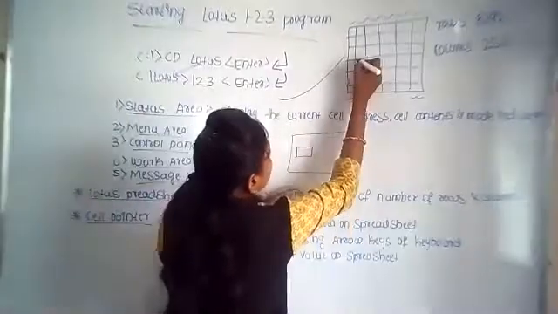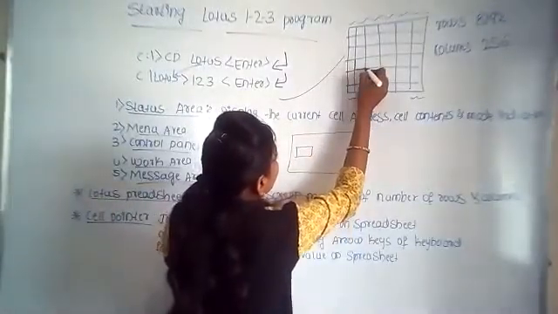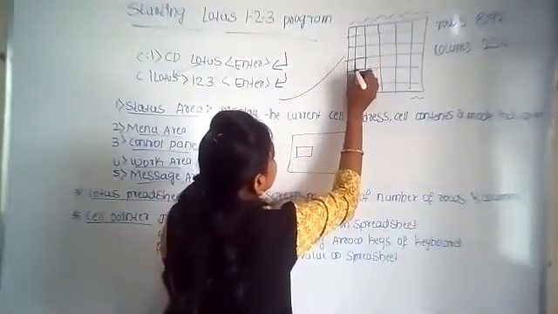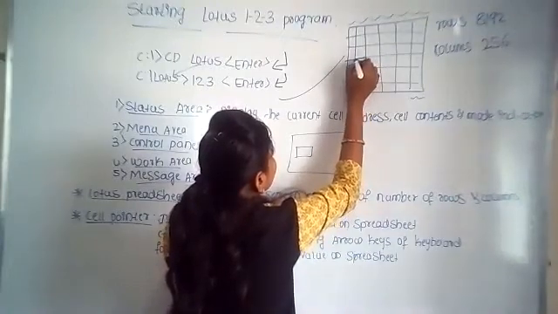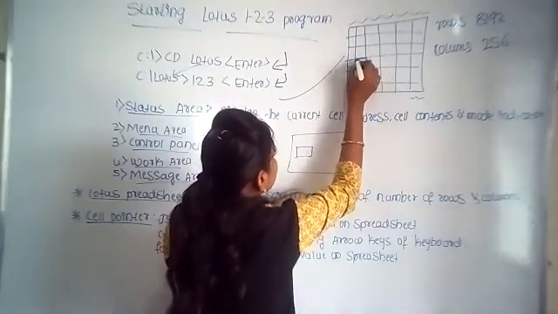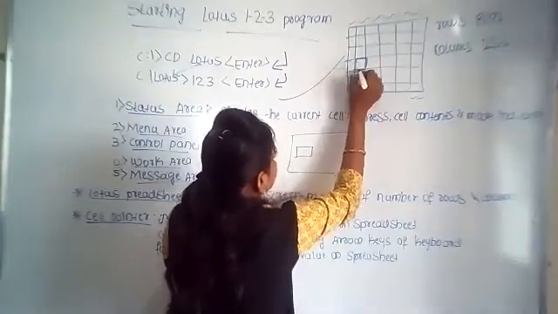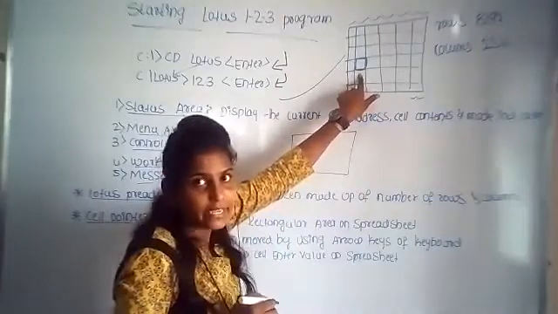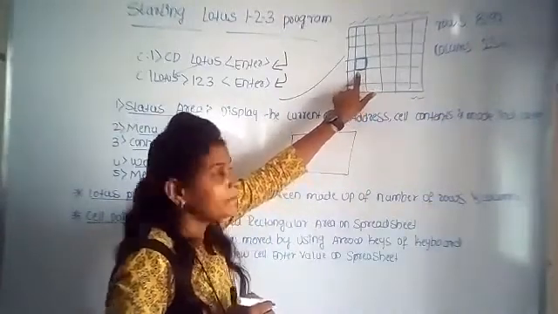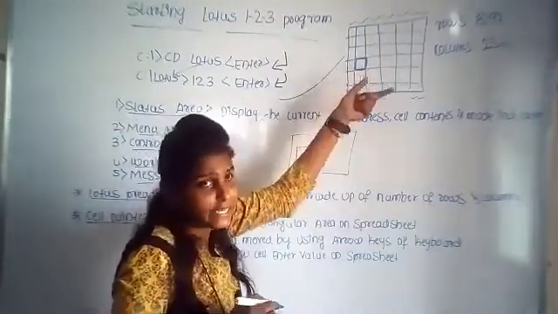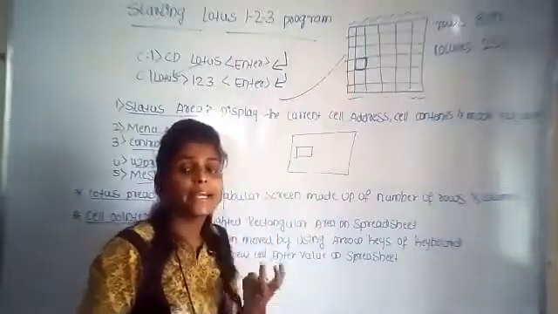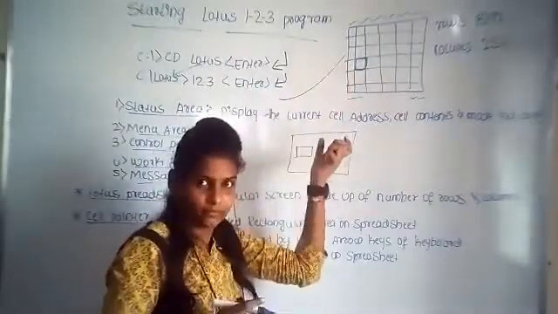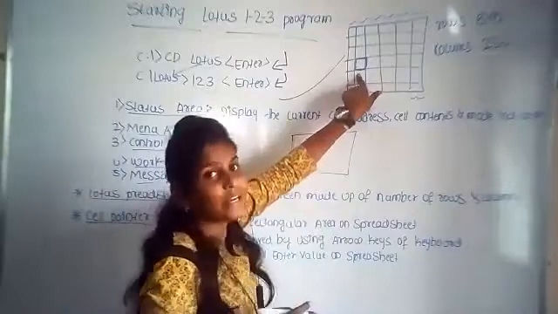When the software or spreadsheet is open, a thick rectangular shape is formed here. That is called the current cell. This cell is ready, this grid is ready to take data in it. This is called the current cell.